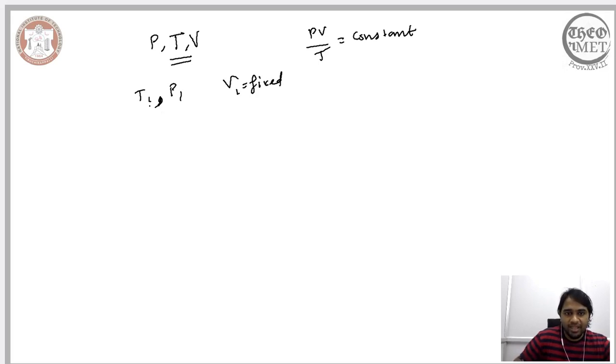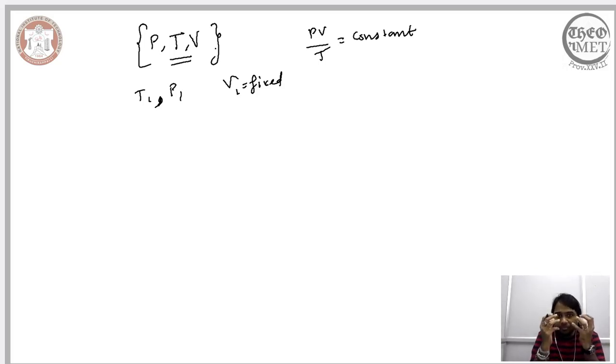So when the temperature of the system is set to T1 and the pressure is set to P1, by fixing these two independent variables I am able to fix the volume of the system. Ultimately, by fixing the independent variables, the state of the system defined by this set of variables is now fixed.